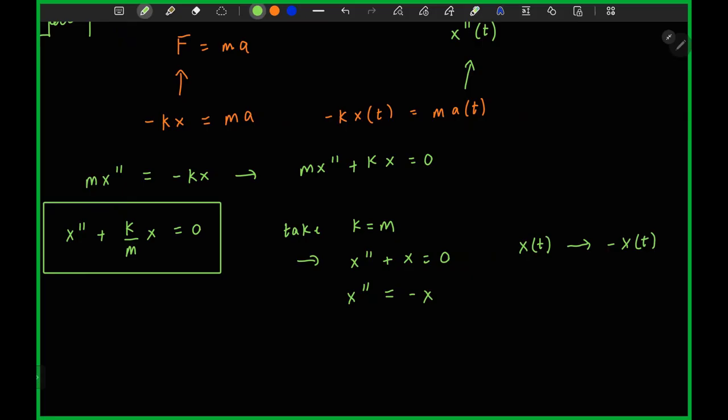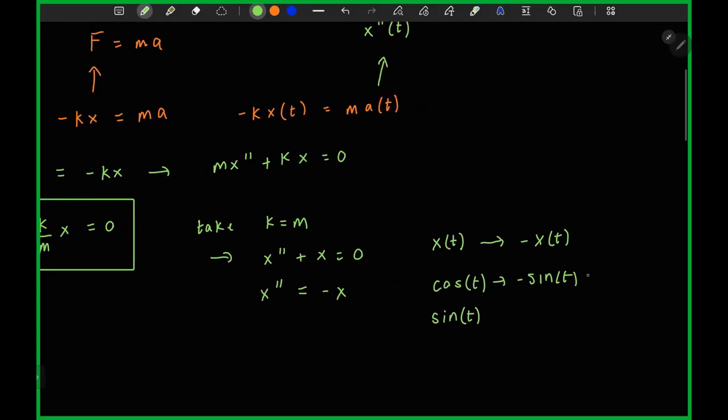I encourage you to pause your video and try thinking through some basic functions. This is a function you well know that has this behavior. You've paused the video. Hopefully you've come up with one or two functions which have this behavior, namely cosine of t or sine of t. If I take the first derivative of cosine t, I go to negative sine. And then if I take the second derivative, I get back negative cosine of t, which is exactly the negative of my original function.